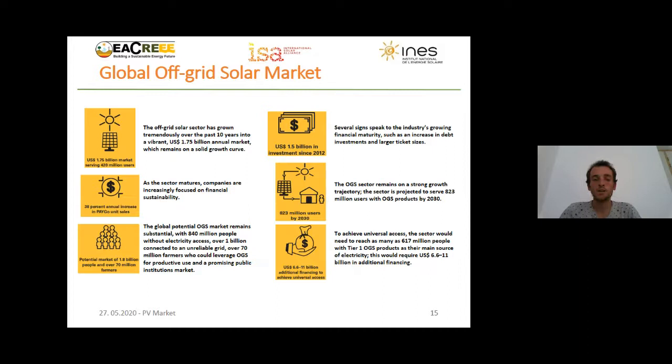So there is a huge interest in developing this kind of off-grid system where the conventional grid cannot provide the electricity. And what is interesting is that the financial sector is starting to be interested in this kind of off-grid system, and that is why the off-grid solar market has a strong growth trajectory, and it will help millions of people to have access to electricity.